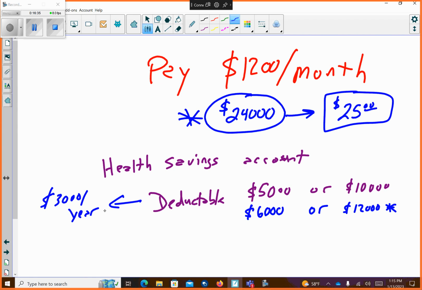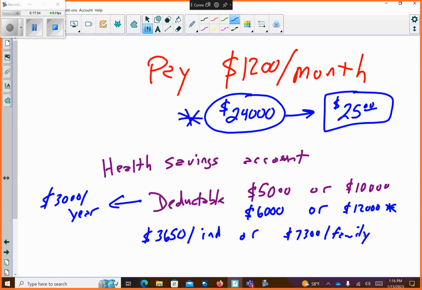But with this health savings account, you can put $3,650 per individual or $7,300 per family. And this is your money. You are investing your own money into this health savings account.